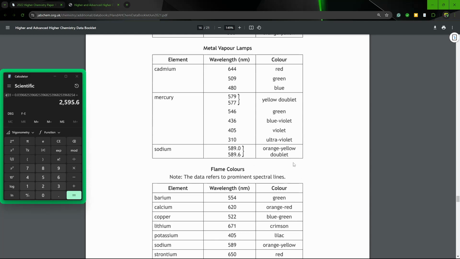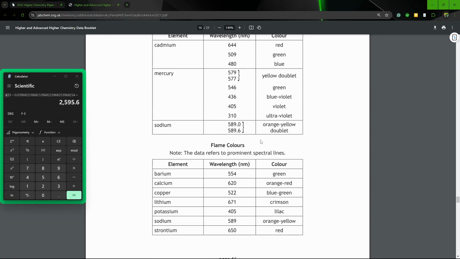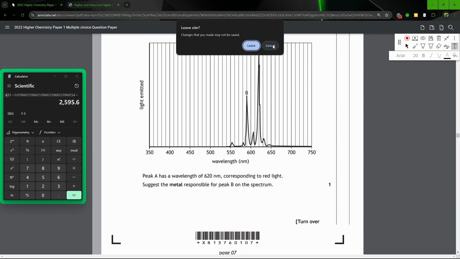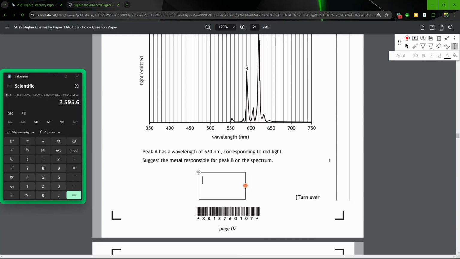But as you can see here, we're looking for a metal that would give you 590. It looks like it'll be sodium. It's 589, that's practically 590, all things considered. Helium is close as well, but it's not a metal. So that means the metal would be sodium.